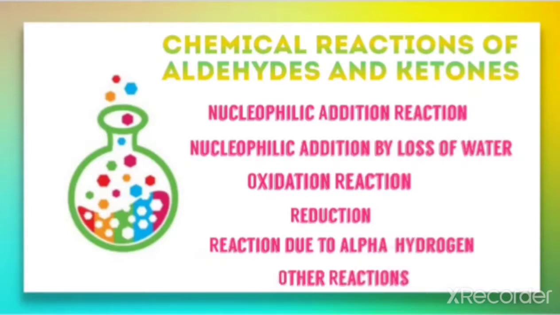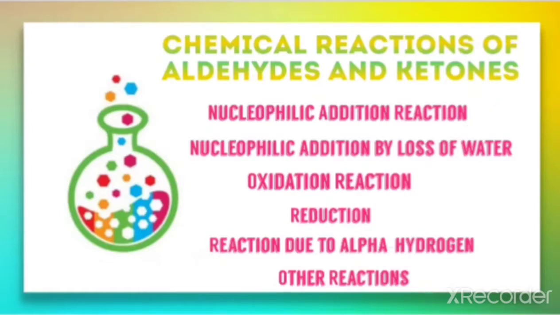We need to discuss all these chemical reactions of aldehyde and ketones one by one. In this video we are going to discuss the nucleophilic addition reaction of aldehyde and ketones.